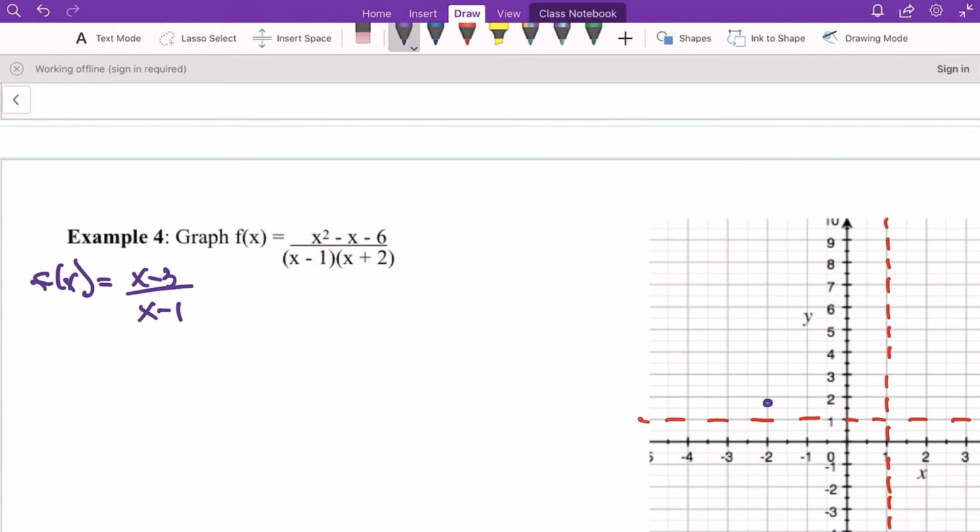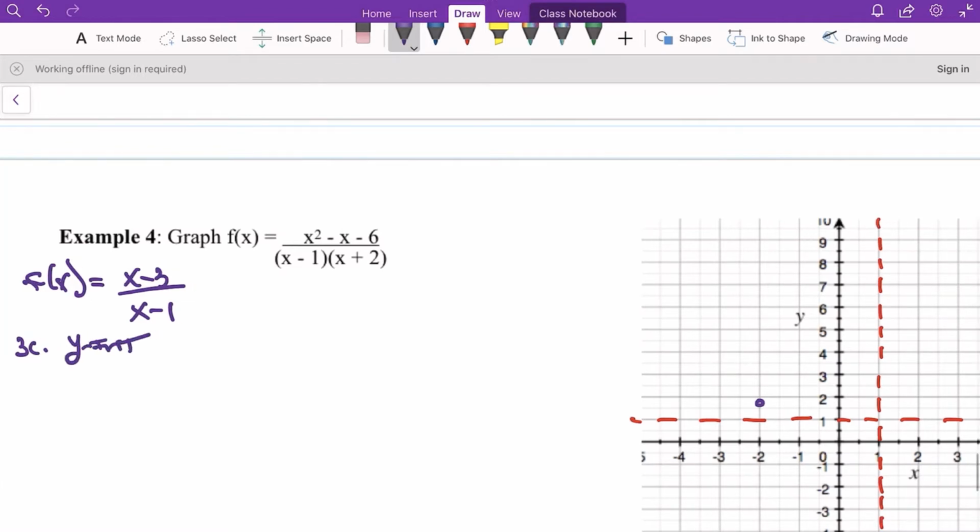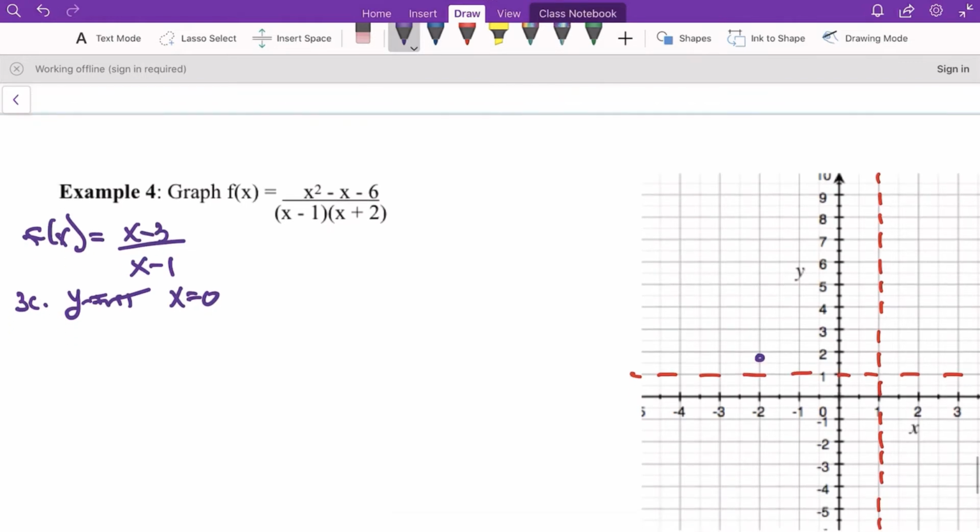All right, so we're going to do 3C. This is part 3C, and this is the y-intercept. To do the y-intercept, you're going to substitute a 0 in for x, which is standard for any function when you want to find the y-intercept. So if I do f of 0, we're going to have 0 minus 3 over 0 minus 1.